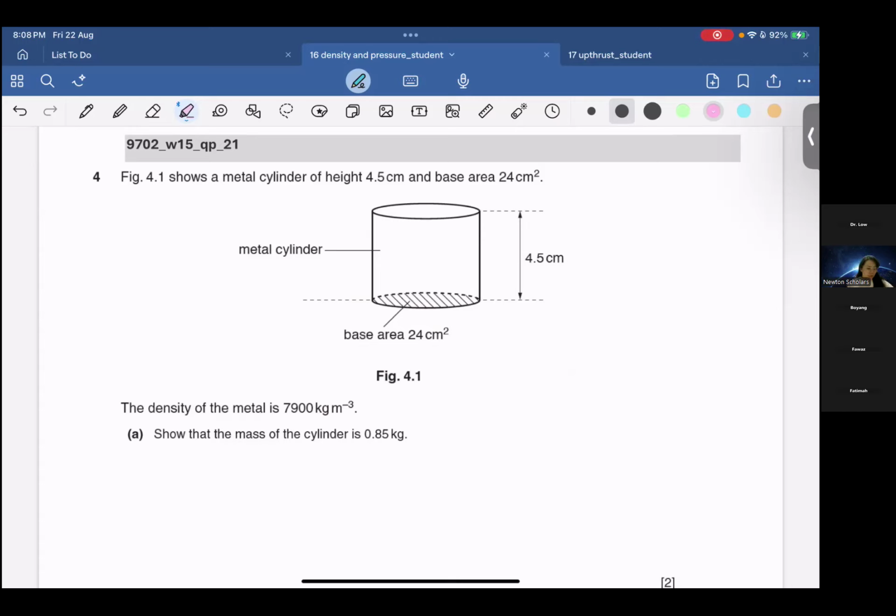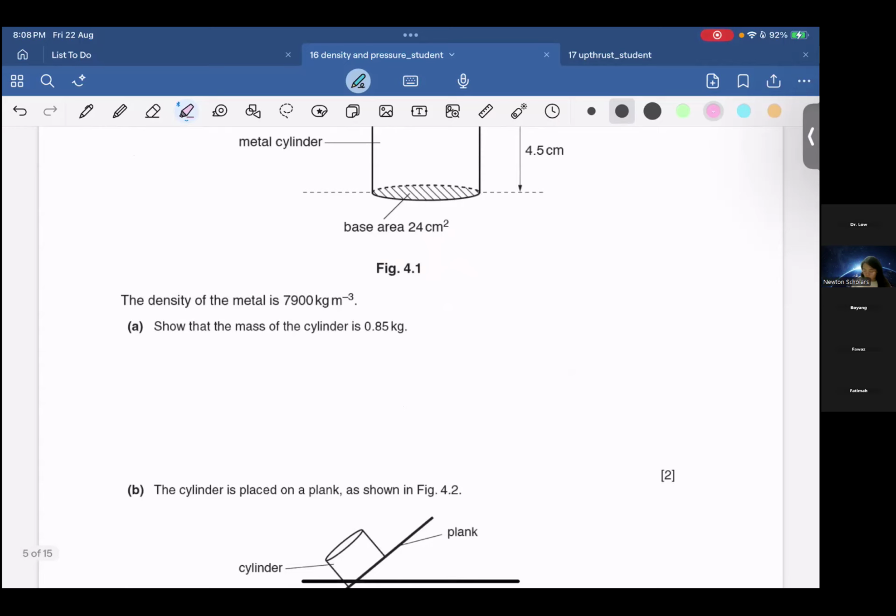For A, do you able to count it? 0.85 kg. Good job, Vashini. How about others? Volume is the area times height.